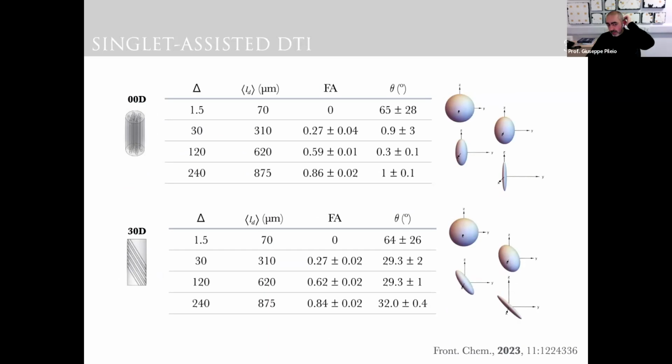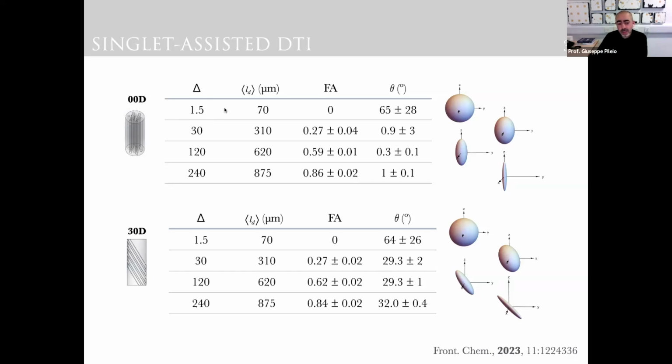So in doing that, here is a series of experiments in which we vary the diffusion time, and we measure the diffusion tensor, and then we retrieve the fractional anisotropy, and also the angle between the principal Z axis of diffusion and the magnetic field axis. Which is also essentially the angle between the main axis of the holes here and the magnetic field.